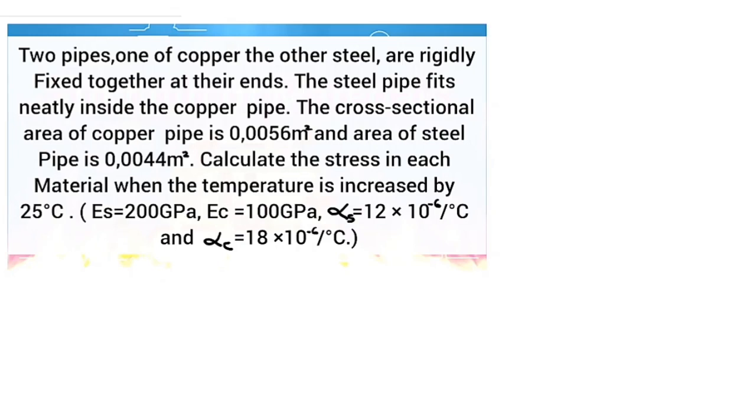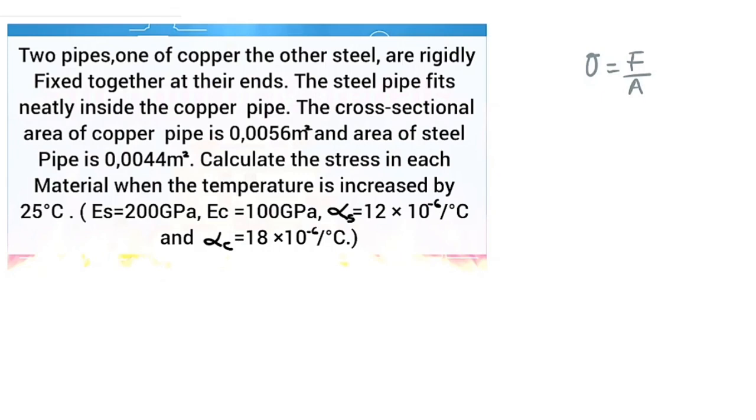Our goal is to calculate the stress of each of these materials, the stress of the copper and the stress of the steel. We know the formula to calculate the stress is equal to the force divided by the area. That is the formula to calculate the stress.